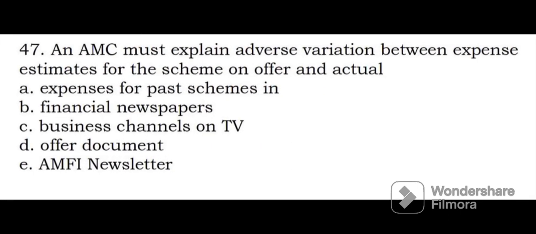Question 47. An AMC must explain adverse variation between expense estimate for the scheme on offer document and actual. I think we have already done this question. So option A, expenses for past scheme in financial newspaper, business channel on TV, offer document, AMFI newsletter.